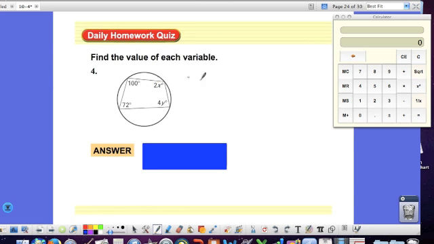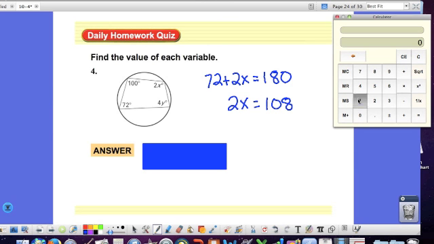So opposite angles have to be supplementary. 72 plus 2x equals 180. Subtract 72 from both sides. So 108, 108 divided by 2, x equals 54.